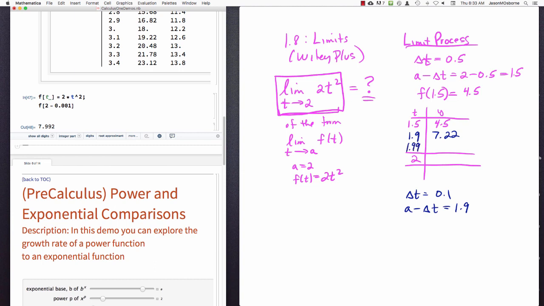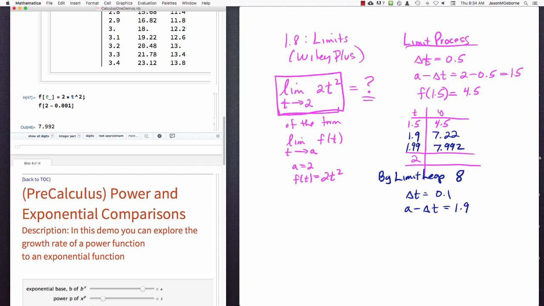Evaluate the function at 1.999 and you get 7.992. And then the limit process, by taking what I call the limit leap, we can see that we think the function is getting closer and closer to 8.